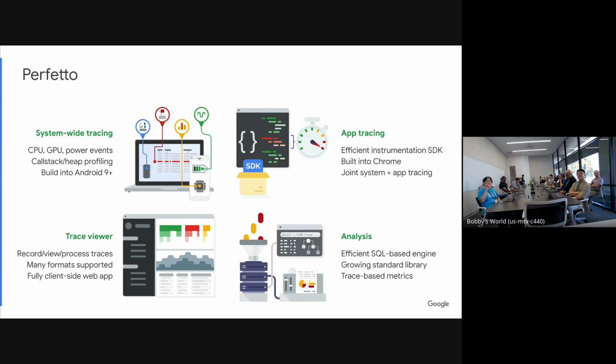So I think the main pieces of Perfetto are on the slide. The crux is there is a lot of support for instrumentation, both in an application like Chrome, as well as on the system side. On Android, it's really heavily integrated nowadays. You get a ton of data sources from the system with Perfetto. You get some tools on top of this that help you analyze traces. It's a SQL-based trace processor.